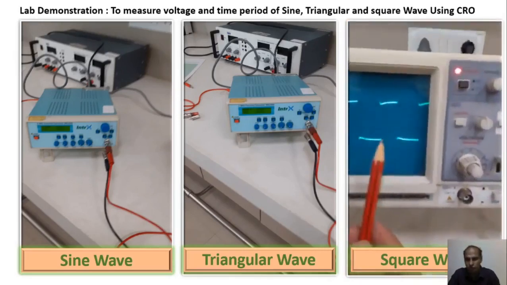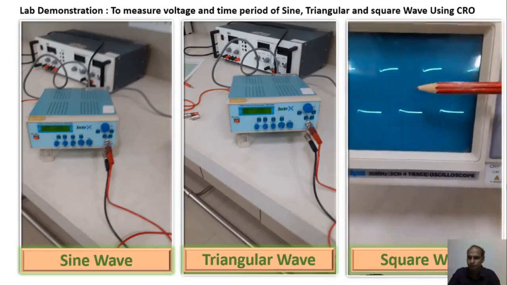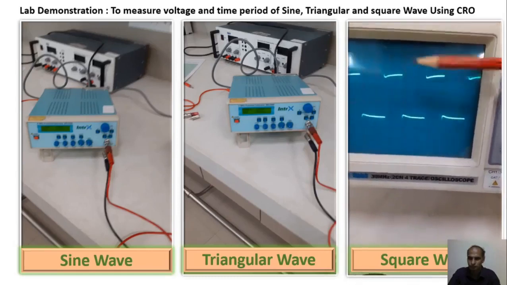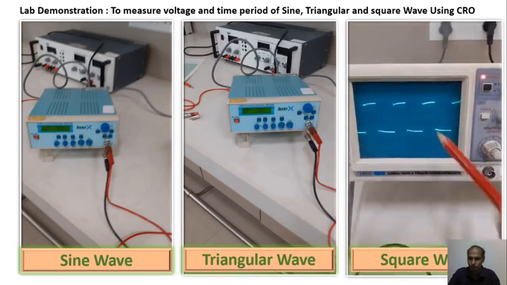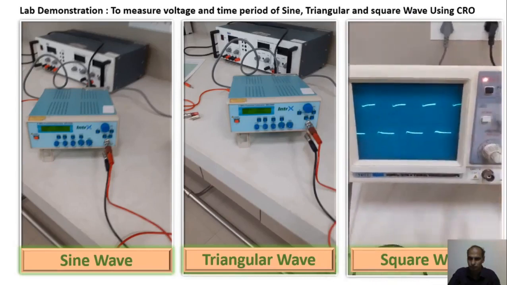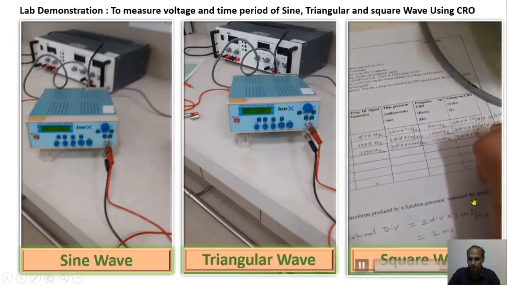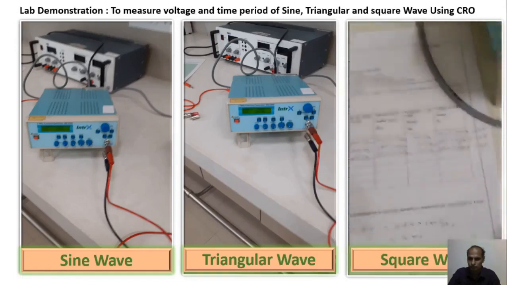If we calculate the voltage of this signal, I count the divisions, 1, 2, 3 divisions. So 3 divisions multiplied by 1 volt per division, so this signal has a voltage of 3 volts peak to peak.